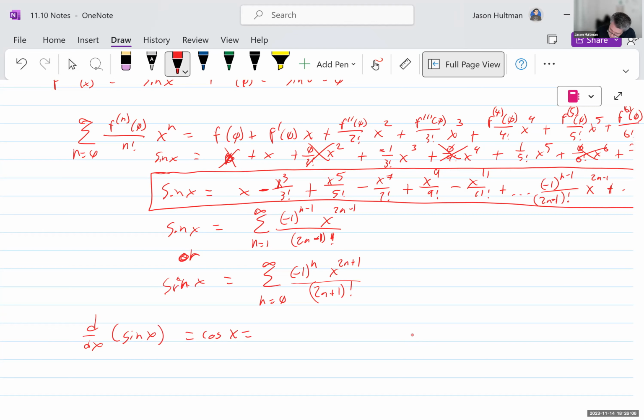Okay, so let's just take the derivative of all of these terms. Let's see what happens. The derivative of x is 1. The derivative of x cubed is minus 3x squared over 3 factorial.